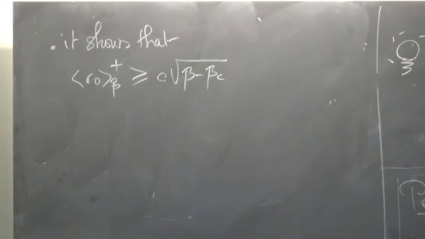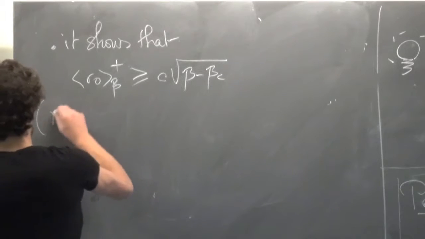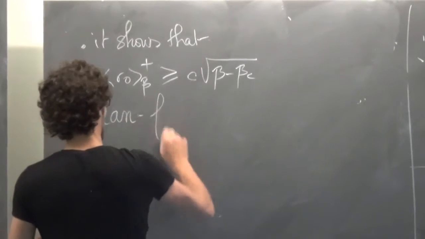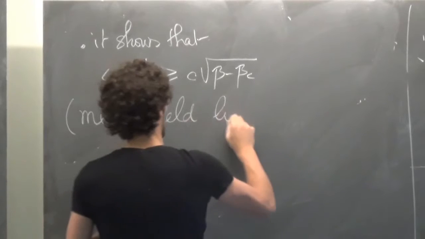Remember, for percolation, we got larger than constant times p minus p_c. Here it's the square root. And this is also the mean field exponent. So I told you for percolation, this is actually the exponent that you will get on a tree and so on. Here it's going to be the exponent that you get on a tree or on a large lattice. So this is the mean field lower bound.